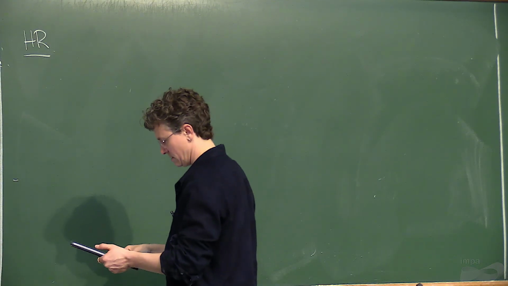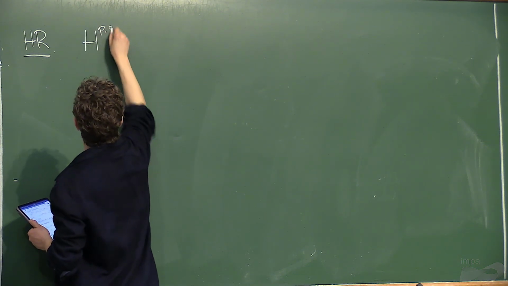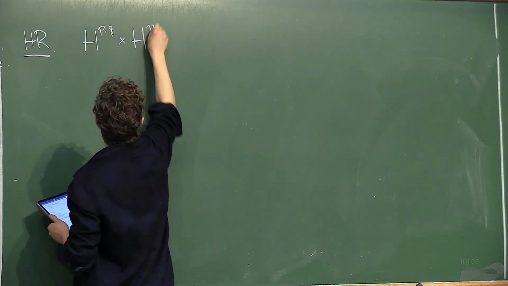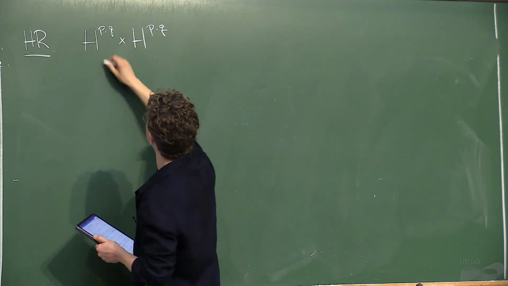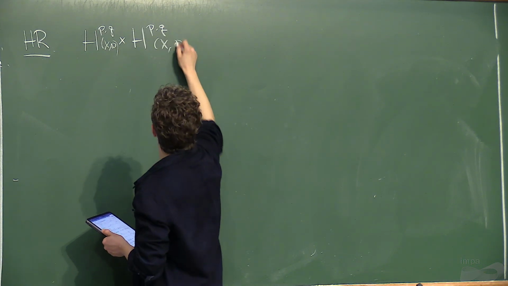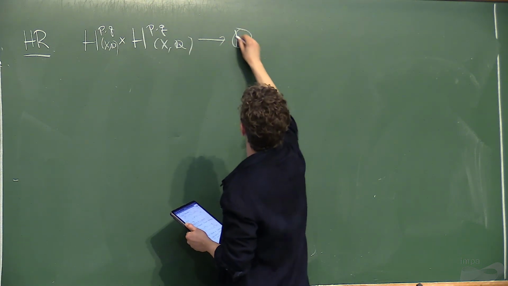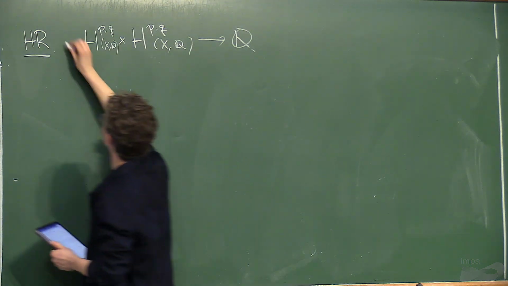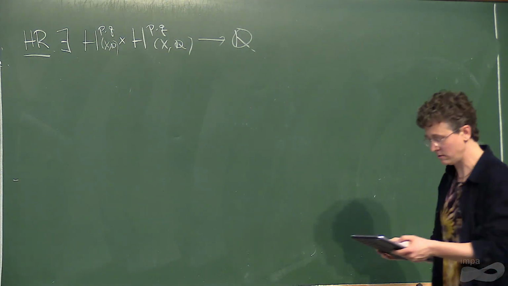So there is a form that we can define. I'm being very fast here. So there exists a form for all P and Q on that vector space itself.